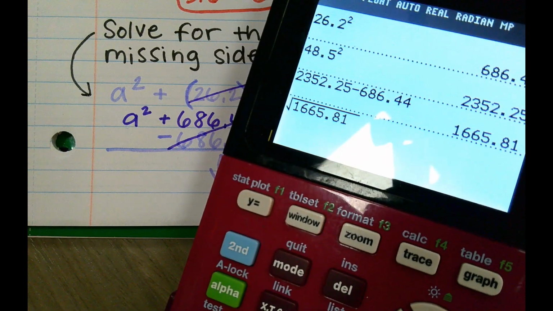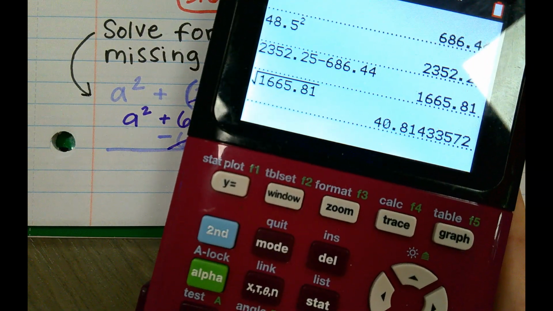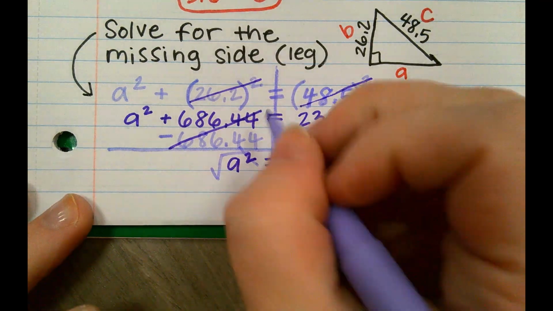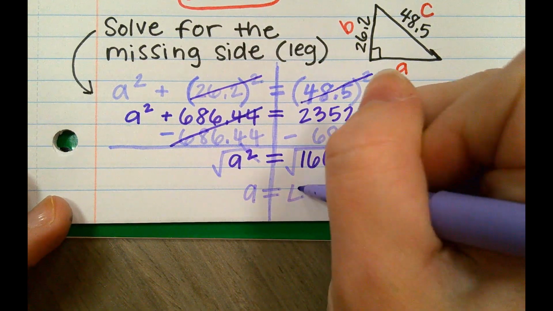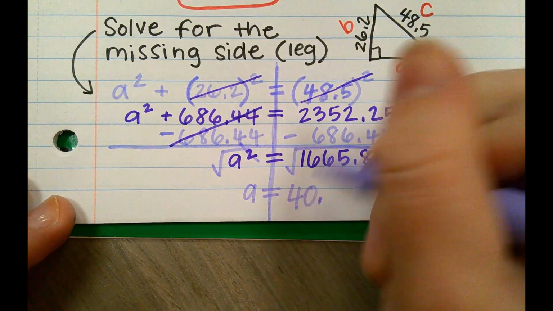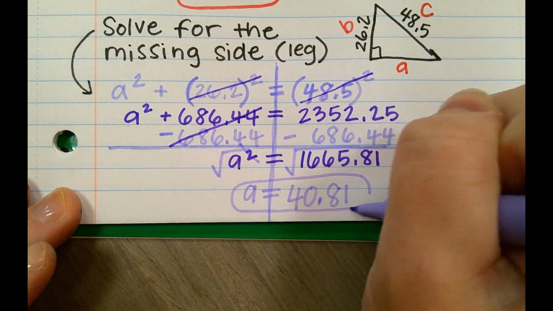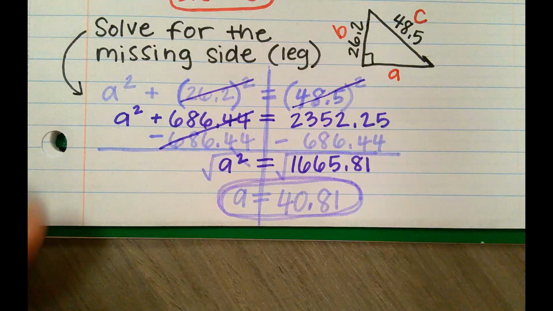And it puts it in there for you. A little faster. Enter again. 40.81. Yes, 40.81. So A equals 40.81. Very nice. And that's our answer.